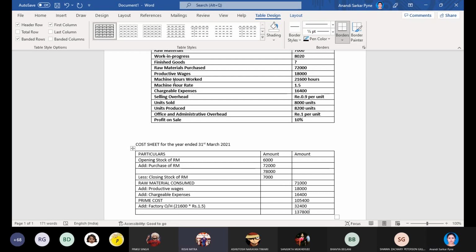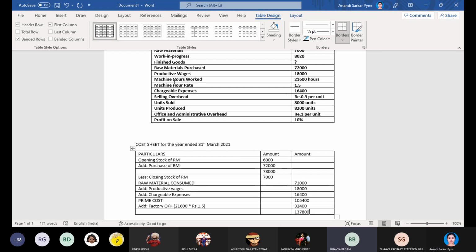Understood? Yes, ma'am. Similarly, if machine hours worked for the whole year is 21,600 hours, and the per hour rate is 1.5, that means the machine cost 21,600 multiplied by 1.5. So that is the factory expense. Since no other factory expense is mentioned, only this one we are adding for machines.